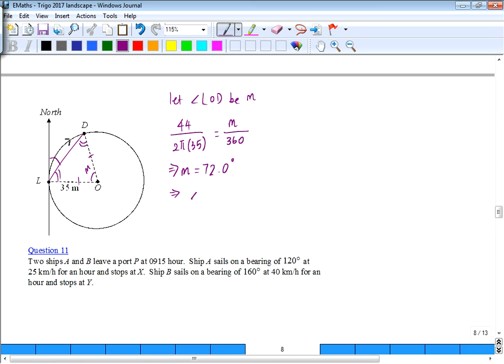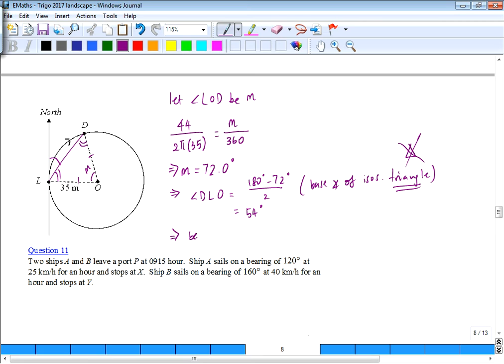Therefore, angle DLO equals 180 minus 72 over 2. Statement, your reason: base angle of isosceles triangle. Do not write the symbol. Okay? Don't write the symbol. Spell it out. This will be 54 degrees.